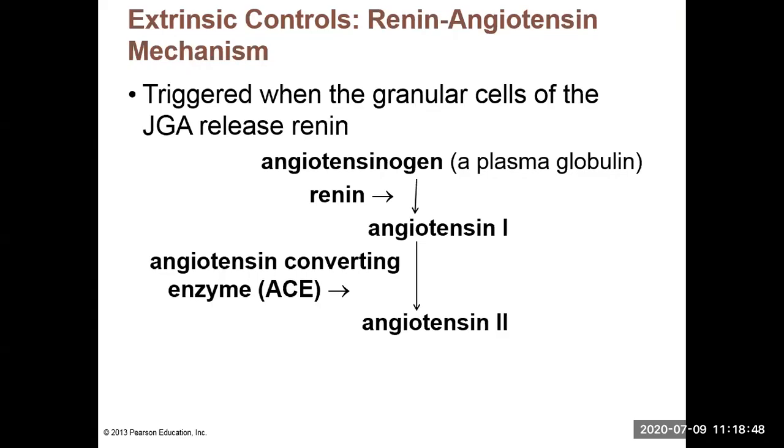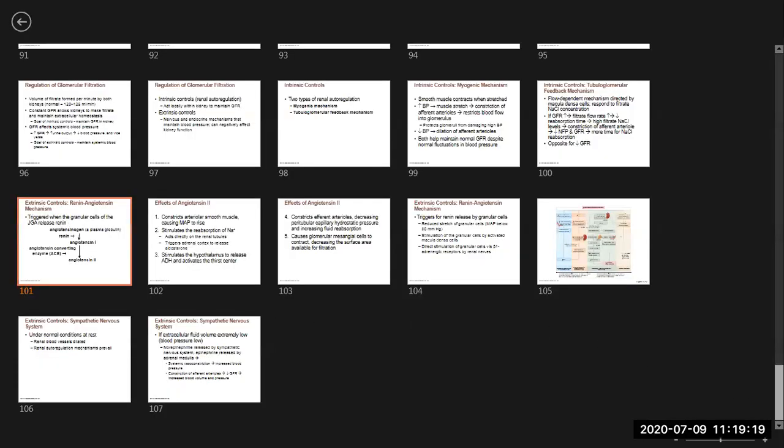All right. So there are juxtaglomerular cells or JG cells that release renin. Okay, before I go on and take a look at this renin, let's see what happens. Now, these are granular cells. Let's go ahead and take a look at where they are located.